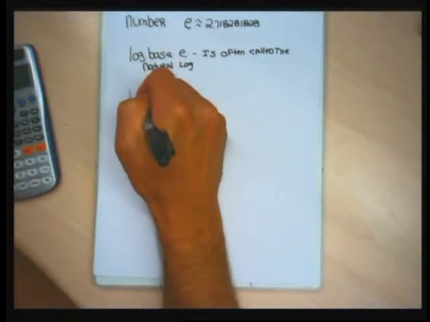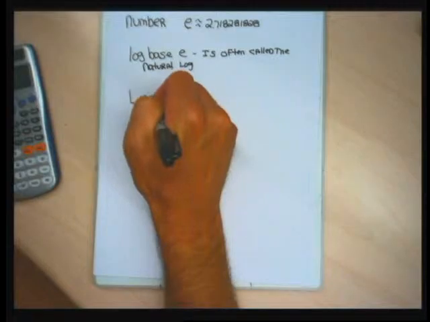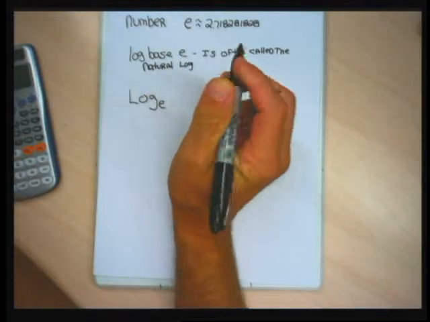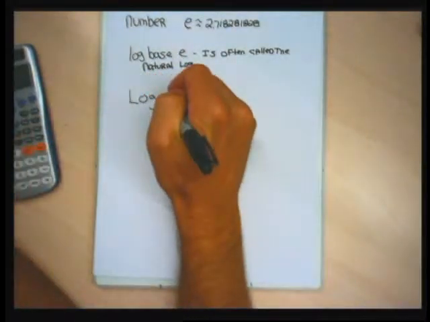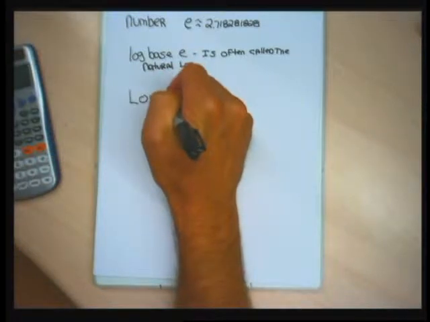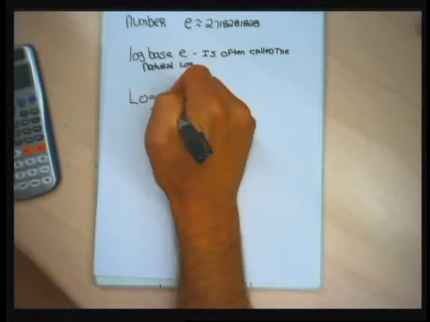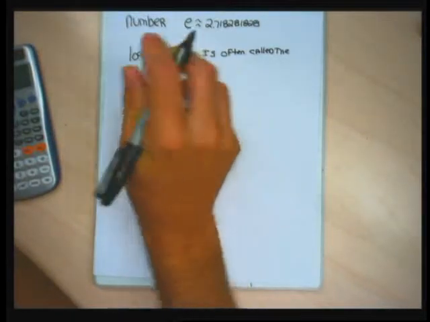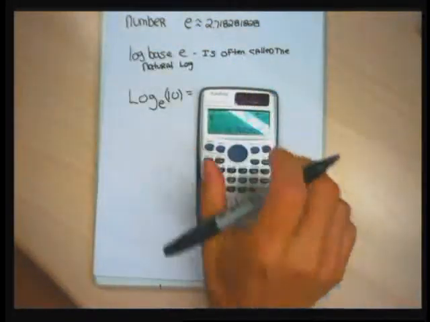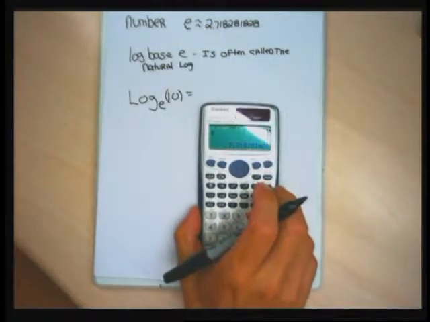So if I asked you to calculate the log base e of, I'll do a nice easy number, it's still going to give me a horrible decimal though. If I want to compute the log base e of 10, I can certainly do that using my calculator skills that I have already.